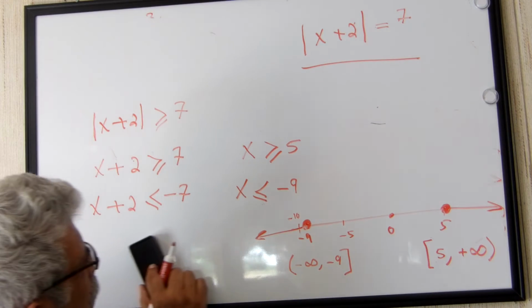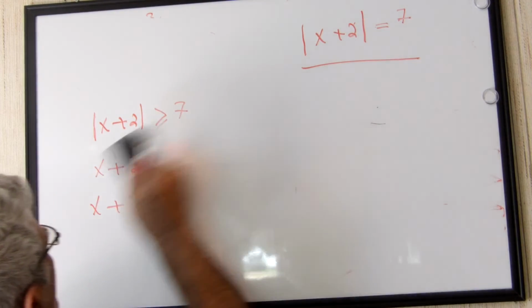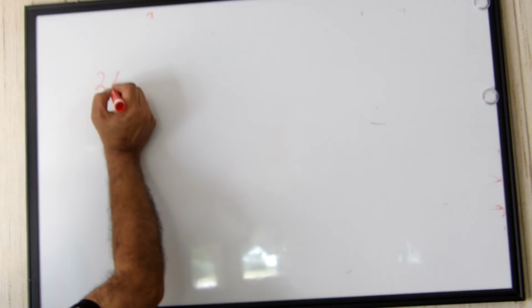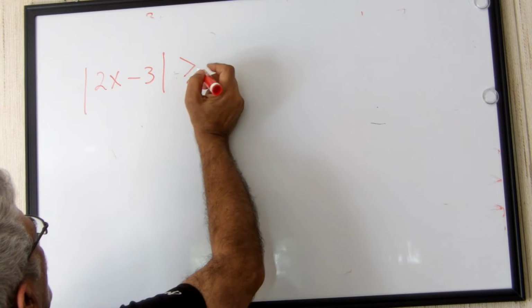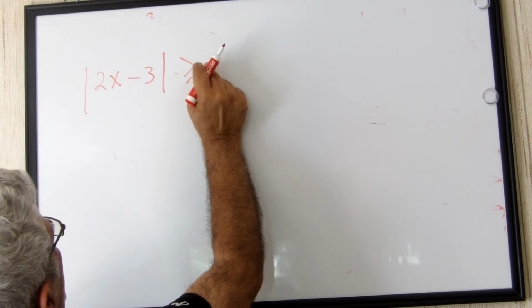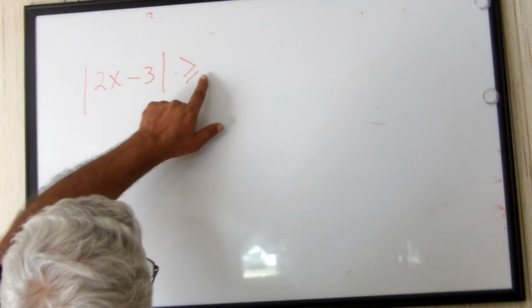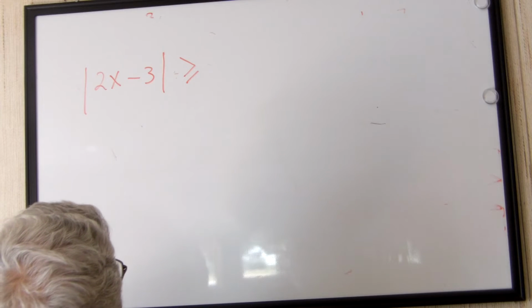Let's solve some more examples. 2x minus 3 is greater than or equal to 13.